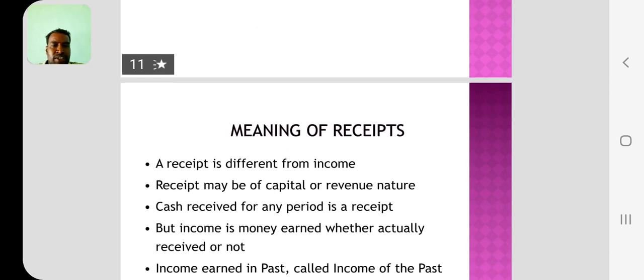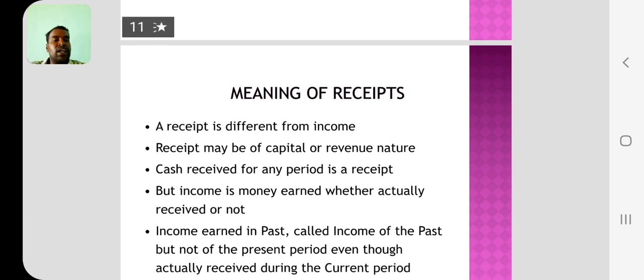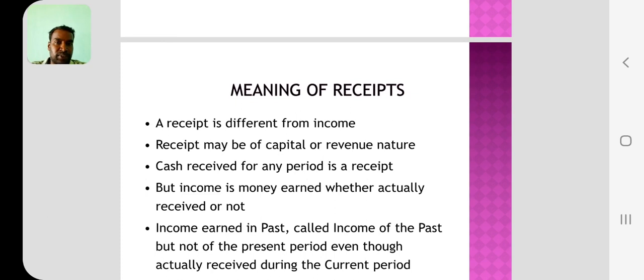Receipt is different from income. Receipt may be capital or revenue in nature. Cash received for any period is a receipt.